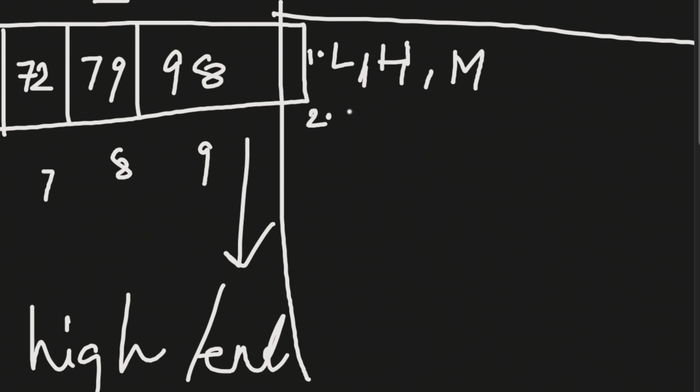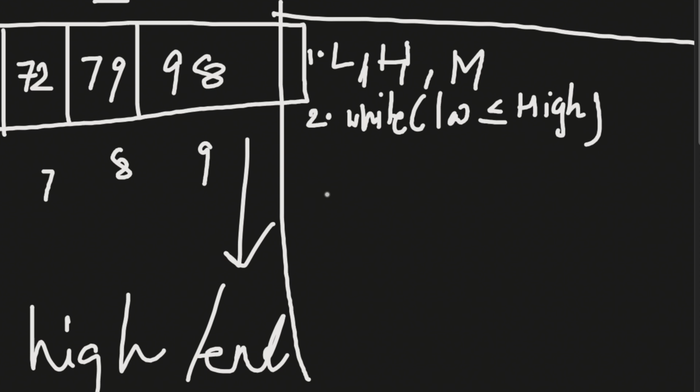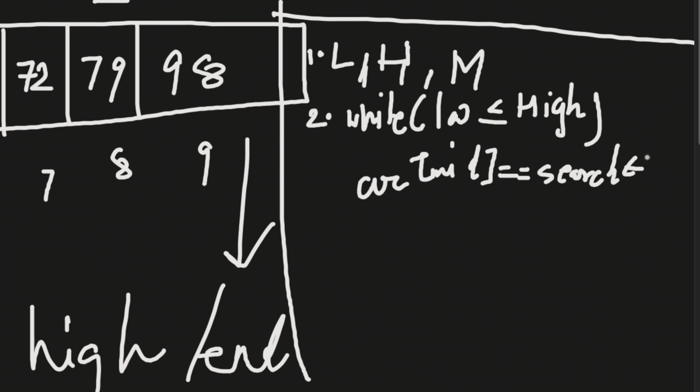Step 2 would be: while low is less than or equal to high, we will enter a loop. If array of mid is equal to the search element, then we will return the location of mid. This is the first condition.